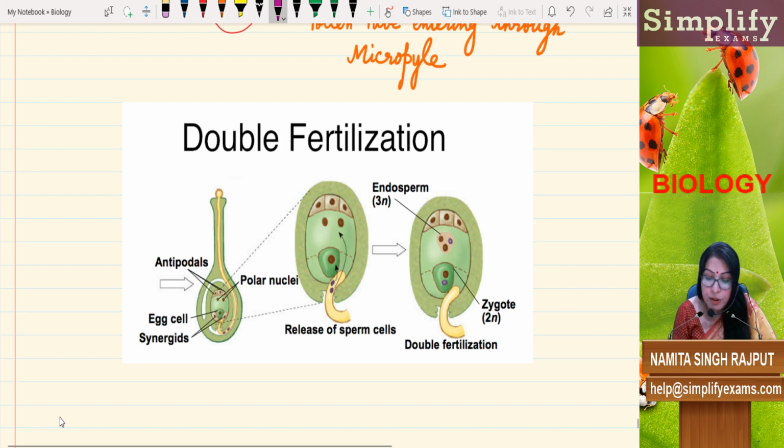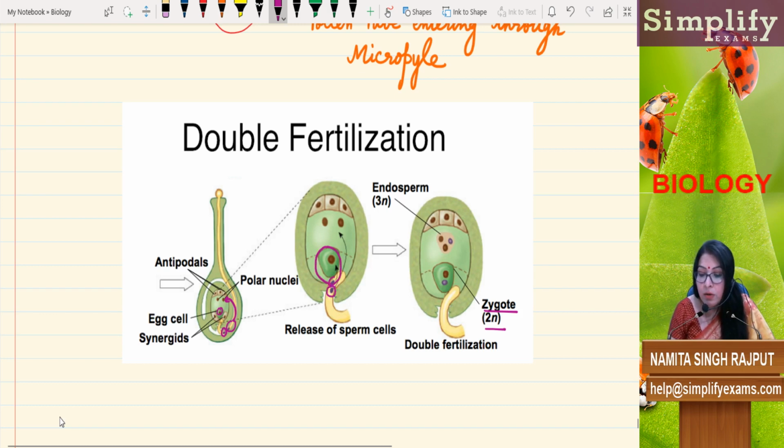The 2 male nuclei: one of them combines with the central cell, the egg cell. One male nucleus combines with the egg cell and forms the zygote. The other male nucleus goes and combines with these 2 polar nuclei.